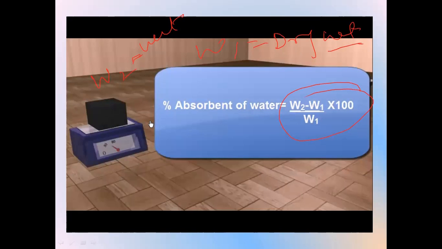That means the difference in weight is the weight of the water absorbed by the stone. For finding out the percentage, the difference weight, W2 minus W1, is divided by W1, the dry weight of the stone, multiplied by 100, which gives the percentage of water absorbed by the stone.